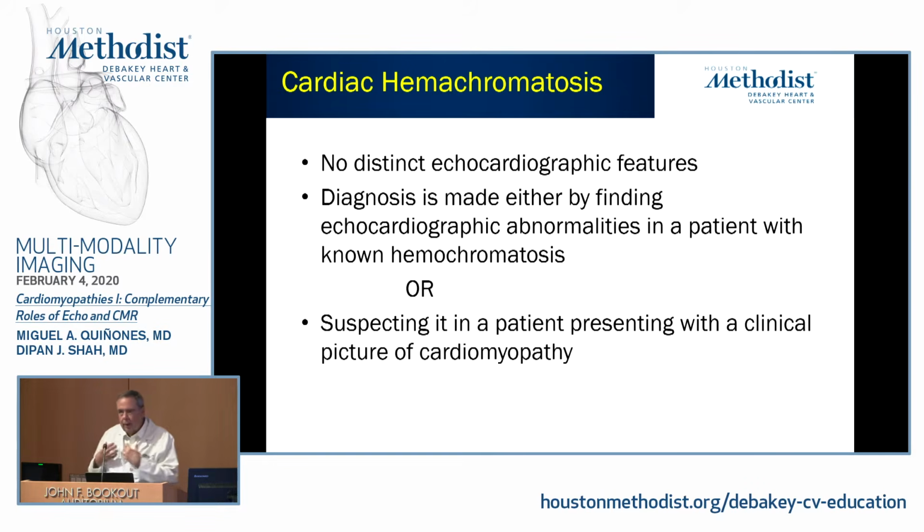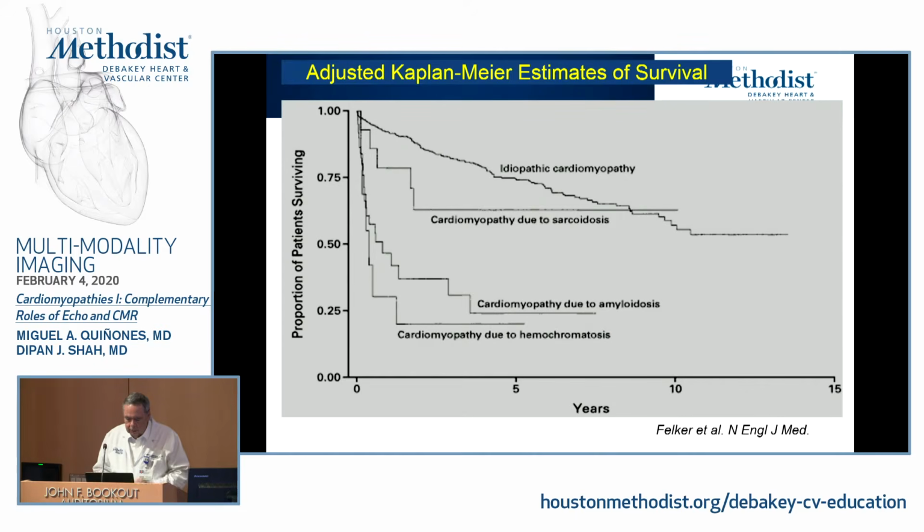And it's my bias that anytime we see a patient presenting with new heart failure and reduced EF, it's so easy to do, I put a ferritin always as part of my workup, costs nothing. Well, it costs a little bit, but it's very minor. Certainly costs less than a CMR, okay? And you'll hear more about CMR's contribution in the next session, session 2. So that's my own bias.